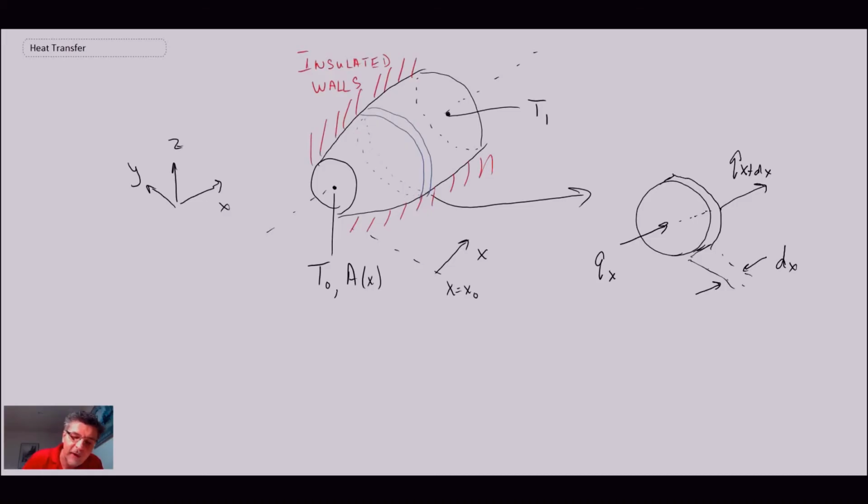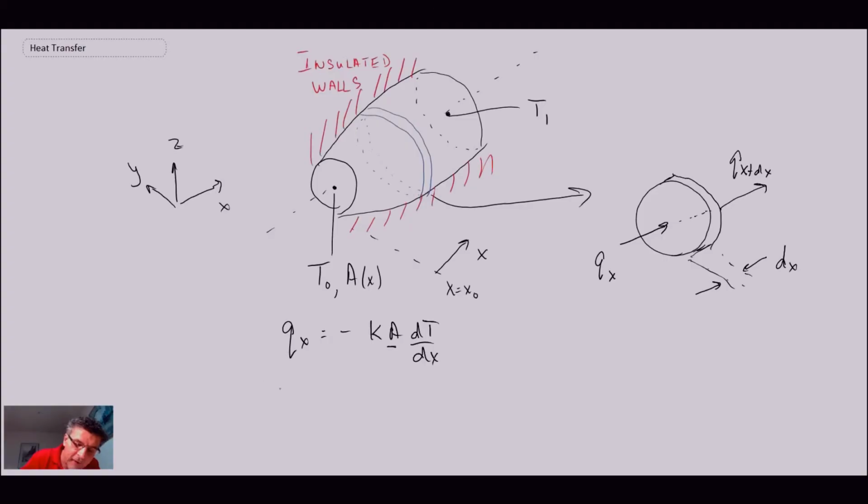Let's write out Fourier's law. So this is one-dimensional heat transfer, so I have an ordinary differential here instead of a partial differential. And what I'm going to do is rearrange Fourier's law. Essentially, I'm going to bring the area over to the right-hand side and the dx over.